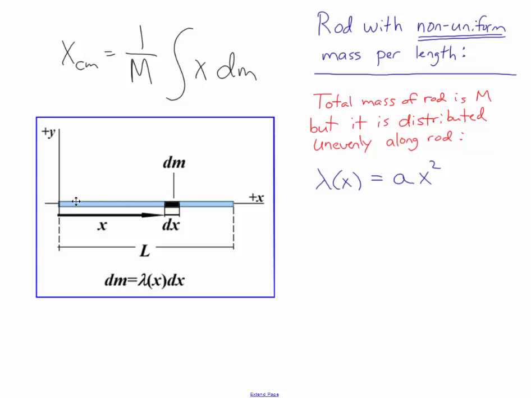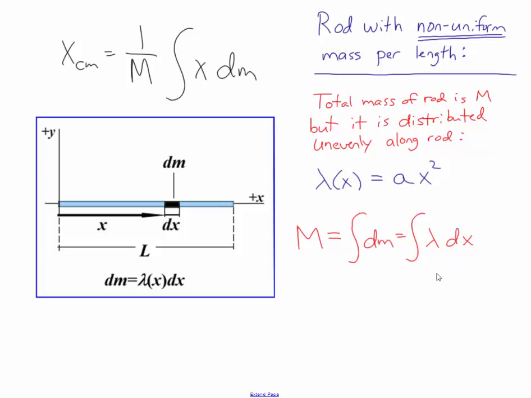But we know that if I integrate from 0 to L, all of those little pieces, if I add all of them up, they need to add up to equal that total mass m. Again, an integral is an infinite sum. These pieces dm have to add up to equal the total mass m.